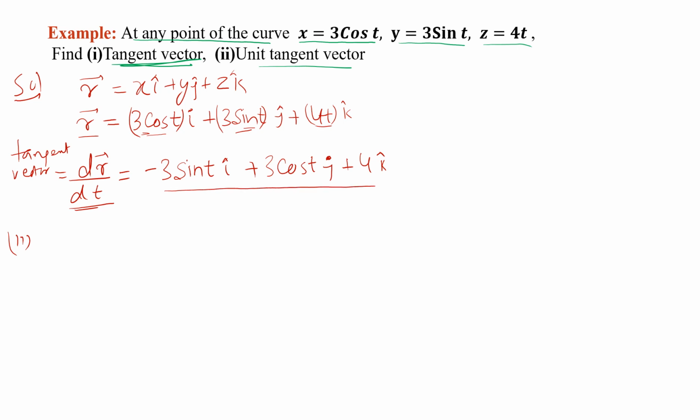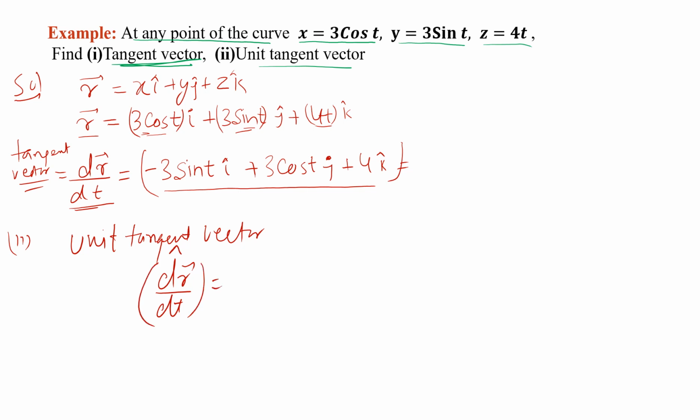So we take the unit tangent vector, which is dr by dt divided by its magnitude.